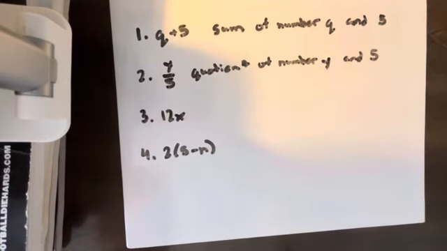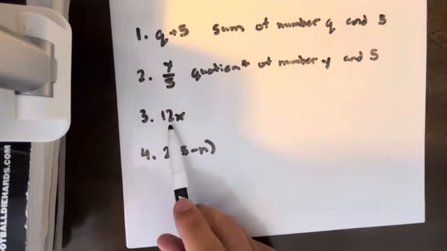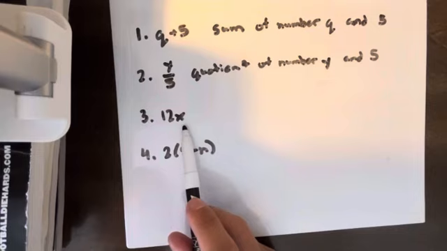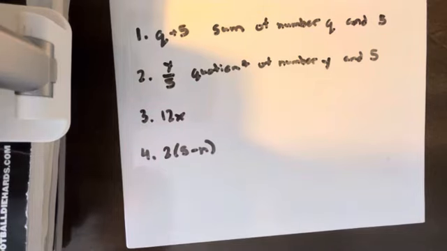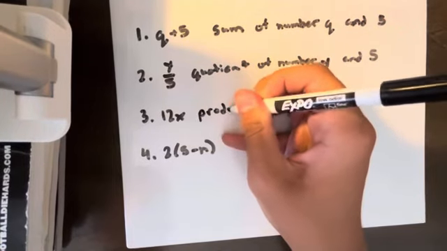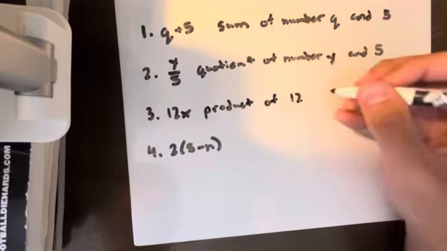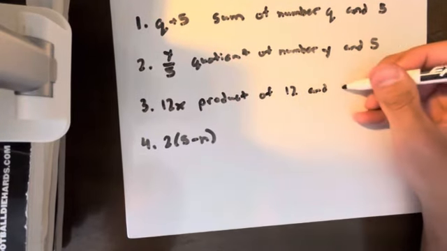Third, 12x. This 12 is being multiplied to the quantity x as a variable. What's the key word for multiplication? It's product. Product of 12 and number x.